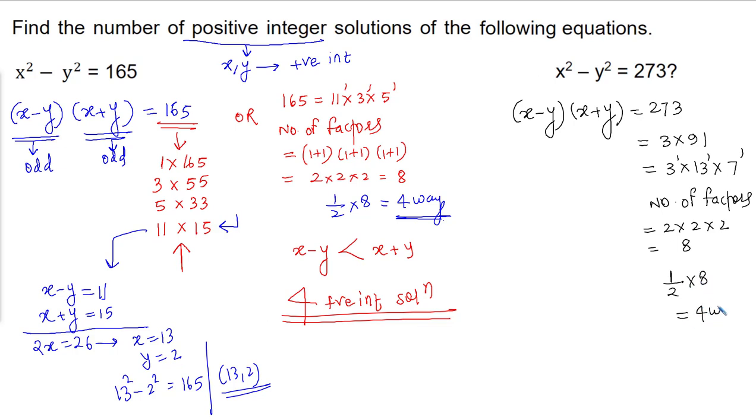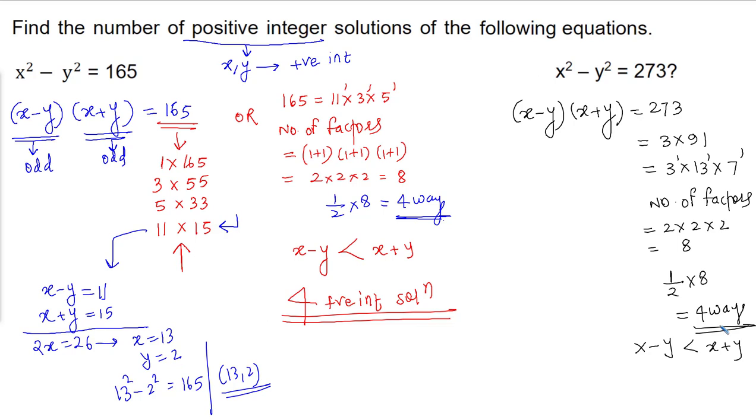Again look here, in every pair one number will be smaller and one number will be larger. Out of these 4 ways, in every way one number is smaller and one number is larger. The subtraction of two positive numbers is always less than the addition of two positive numbers. So that smaller number is allocated to x minus y and the larger number is allocated to x plus y.